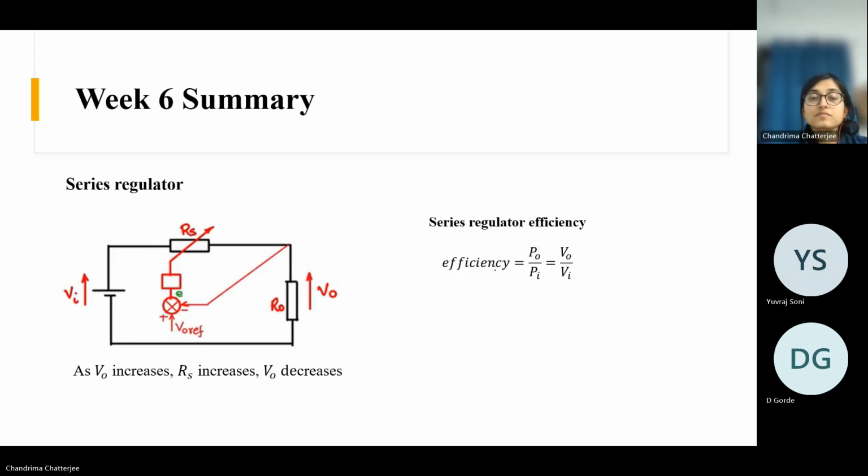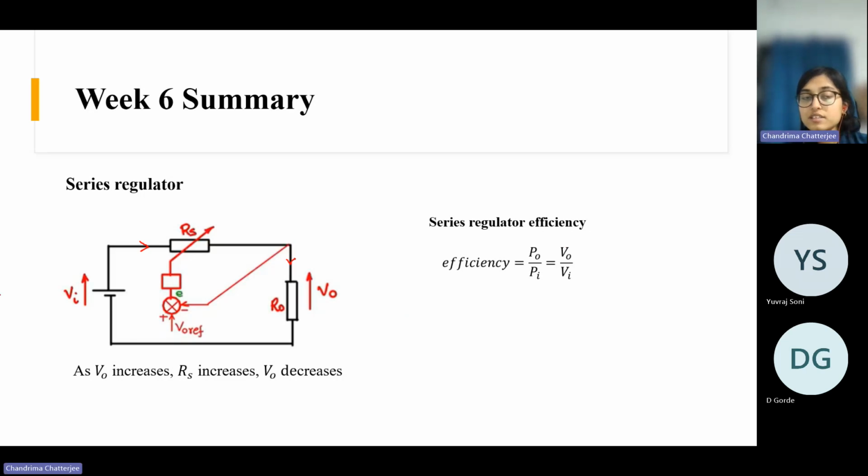So if we see the efficiency of the series regulator, efficiency is nothing but P output by P input, the output power divided by the input power. So here if you see, the current flowing through this element is the same current that is flowing through this element.